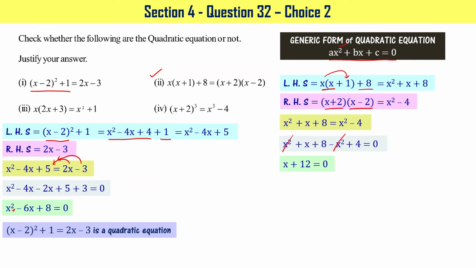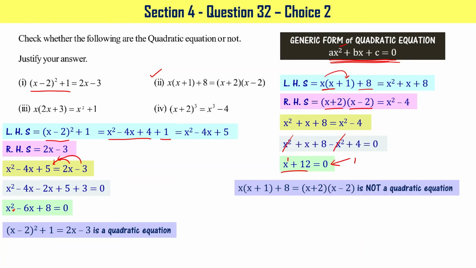If you compare this particular equation with the quadratic equation generic form, you don't have a term containing x square, right? The degree of this particular equation is 1, right? Hence, it is not a quadratic equation. So let me write that x times x plus 1 plus 8 equal to x plus 2 times x minus 2 is not a quadratic equation.